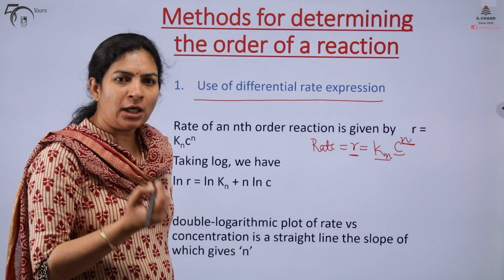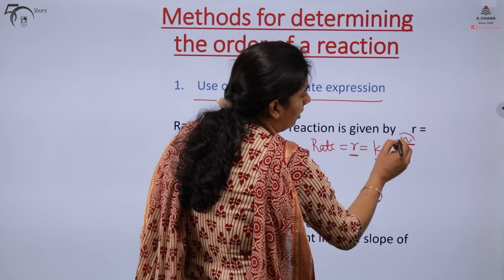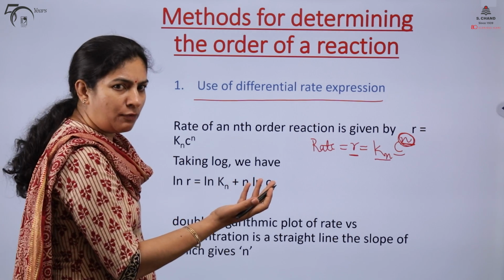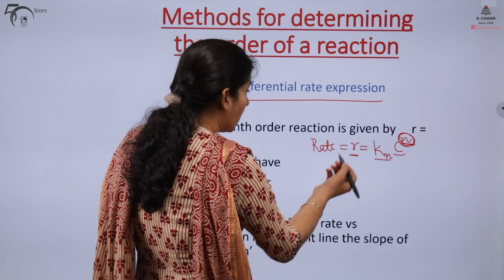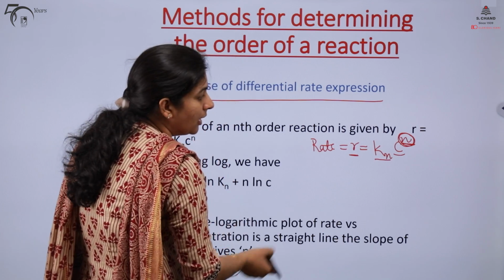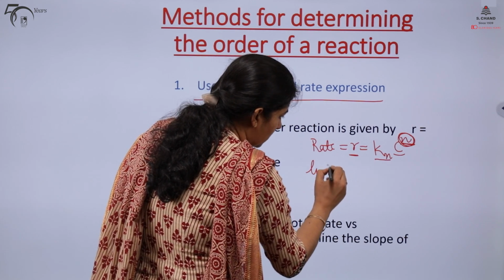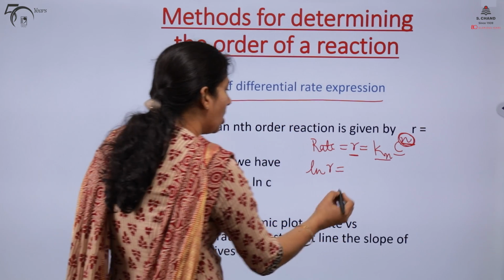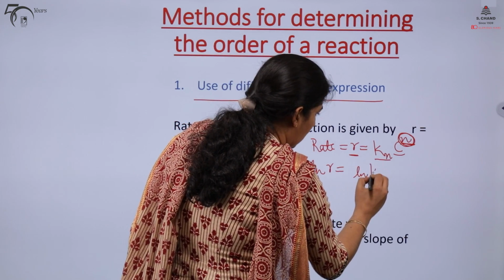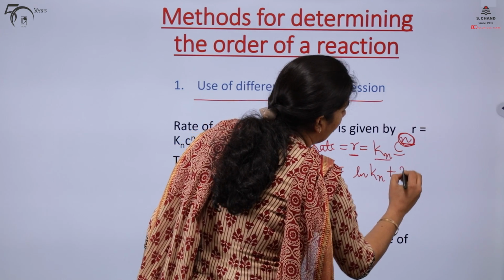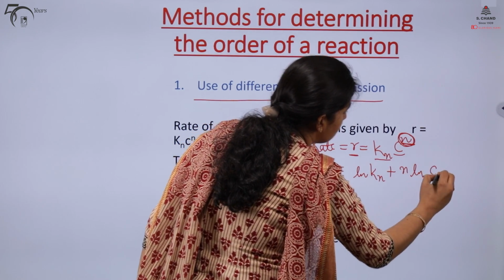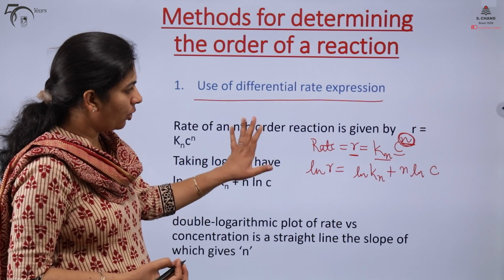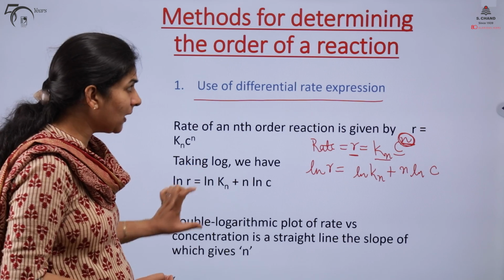So what is our unknown over here? It is the n. We want to determine the order of a reaction. So how can we determine the order of reaction? It is quite simple. If we take the log of this particular expression, it then becomes log r, of course I am talking about natural log, equals log K_n plus n log C. Now this is a kind of equation which we can correlate with the equation of a straight line.